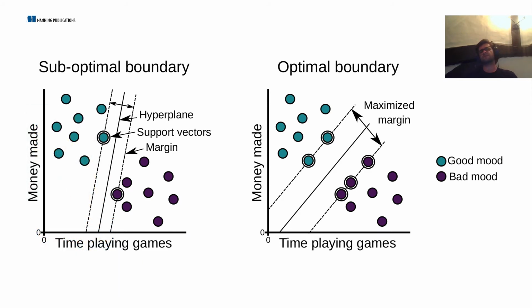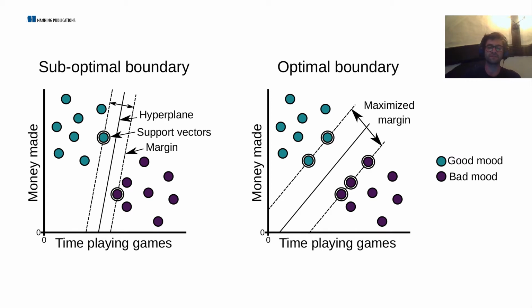Support vector machines are very powerful and popular. One of the reasons is that they can learn complex non-linear decision boundaries between different classes in a data set. That sounds like a contradiction, because I just told you that support vector machines work by learning a hyperplane, which by definition is linear.